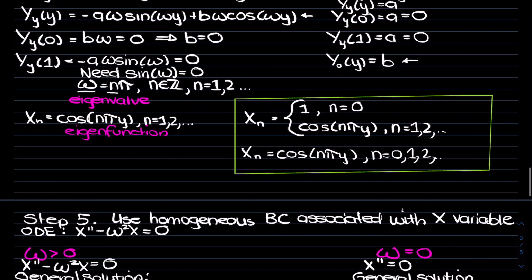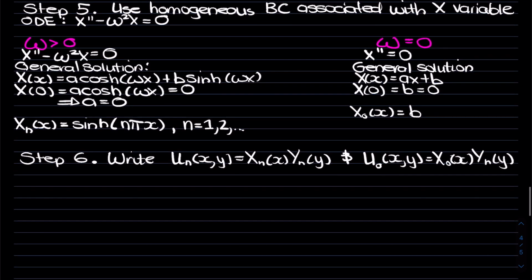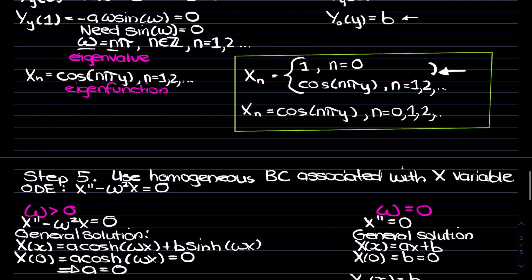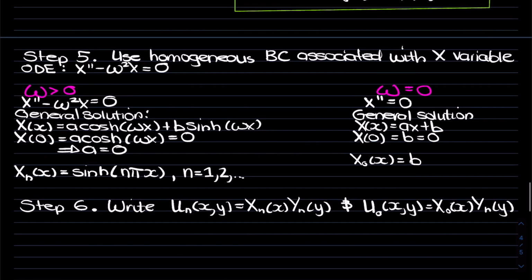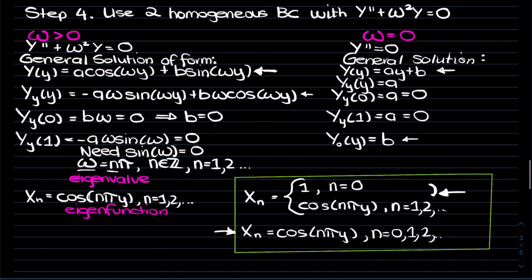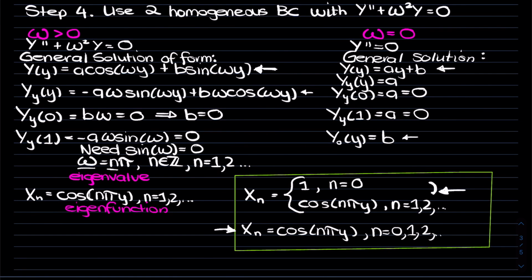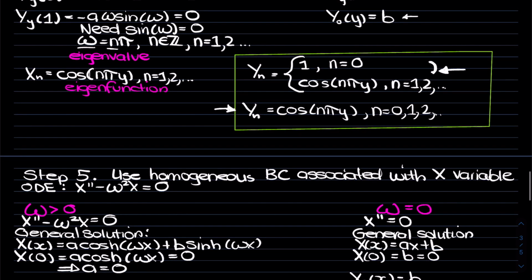So when we come back here, you can see that in this case we are going to separate these two here for our n equals 0 and our n equals 1, 2, and so on case. And that's because it's not going to work if we just write this and then times it by this X of n case over here. Oh, I've accidentally written X of n here. This should be Y of n. I'm too used to doing the x's first and then the t's.